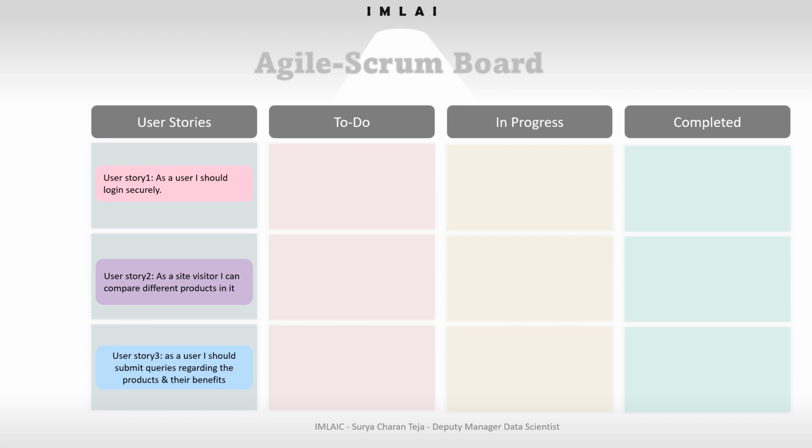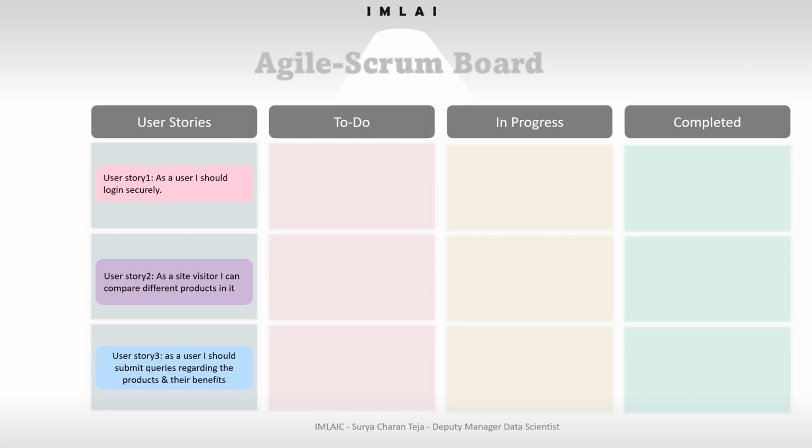For example, let's take sprint one, which has a few backlogs, and the backlogs consist of these user stories. User story one is, as a user I should log in securely. User story 2, as a site visitor, I can compare different products. User story 3, as a user, I should submit queries regarding the products and their benefits. These are the user stories that are available with me.